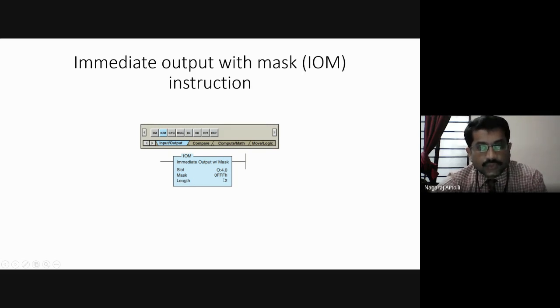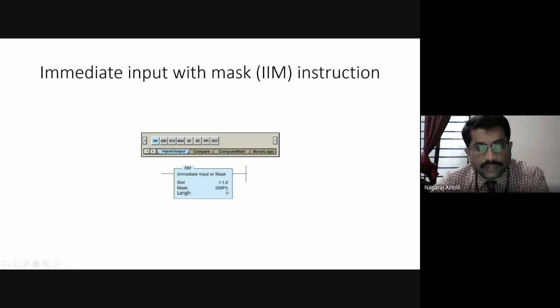Then mask 0FFFH. Can anybody tell me what is the meaning of mask 0FFFH? What does it indicate here? Make a guess. Here what it was in the previous IIM instruction, 000FH. What I told there, 000FH means it is masking the first 12 bits and the remaining 4 bits will be retained as they are. Right?